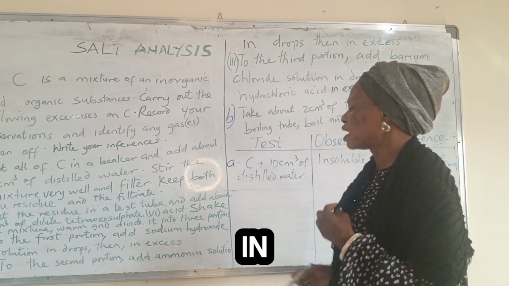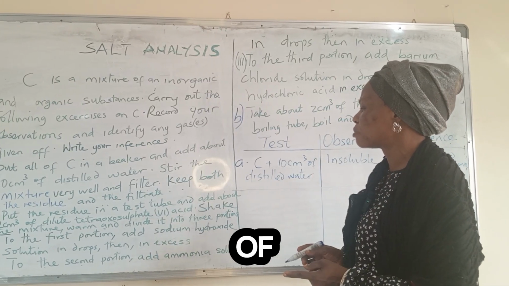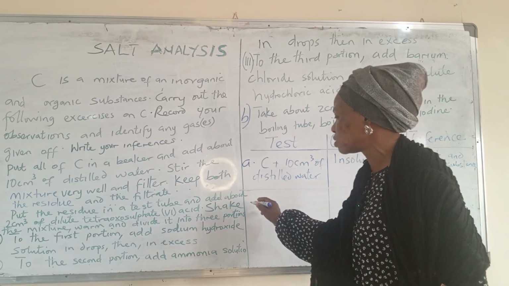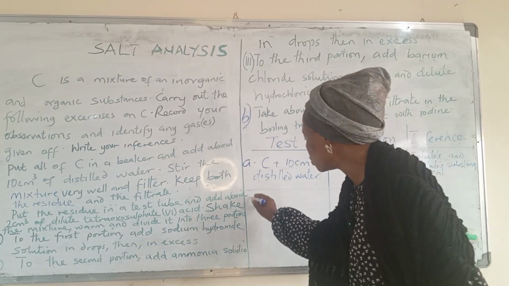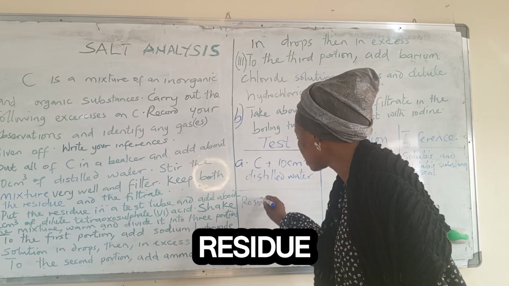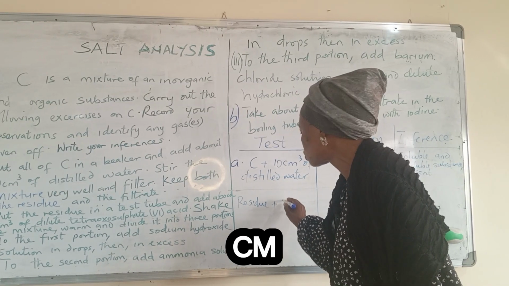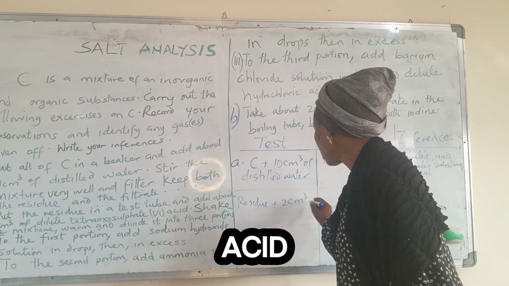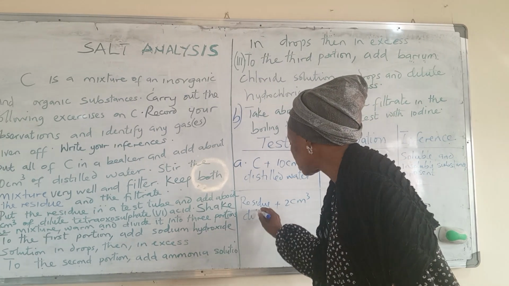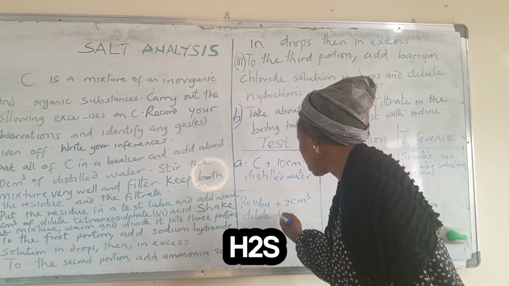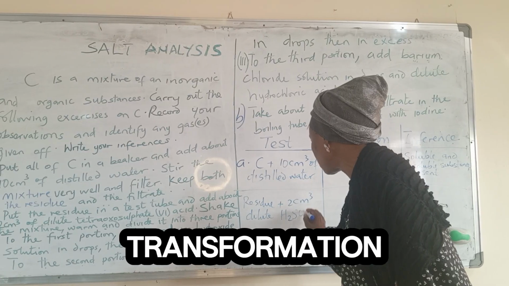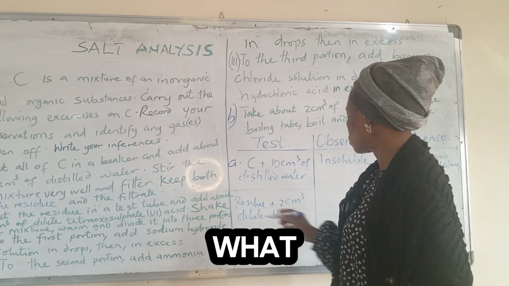Now put the residue in a test tube and add about 2 cm³ of dilute tetraoxosulfate(VI) acid, H2SO4. So what happened?